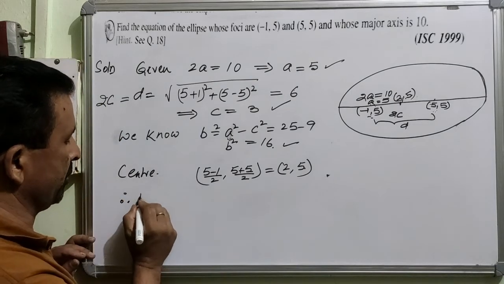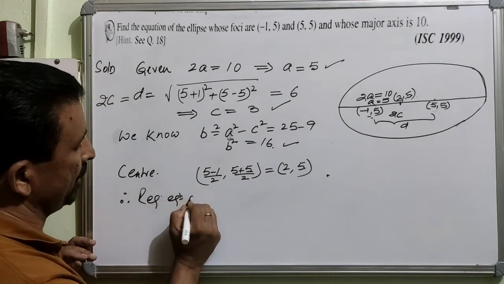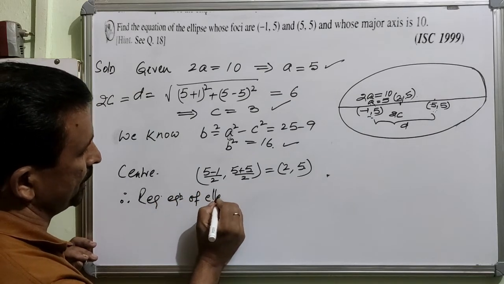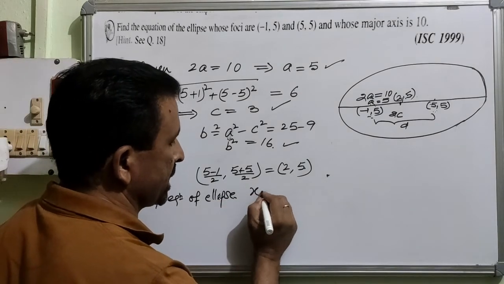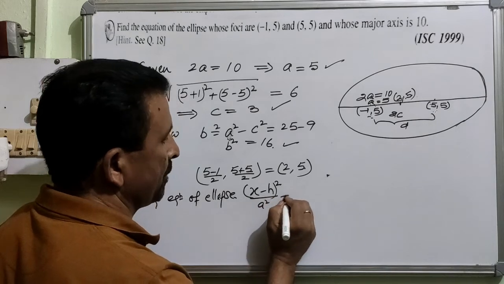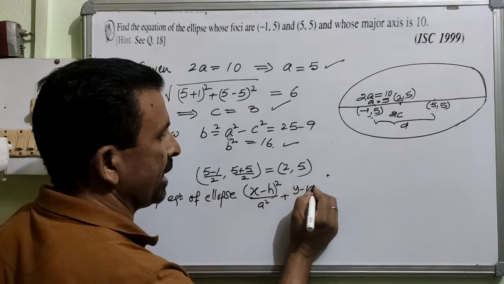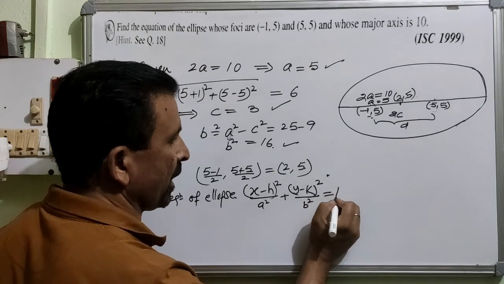Therefore, the required equation of the ellipse. The formula is (x minus h) whole square over a square plus (y minus k) whole square over b square is equal to 1. This is the formula.